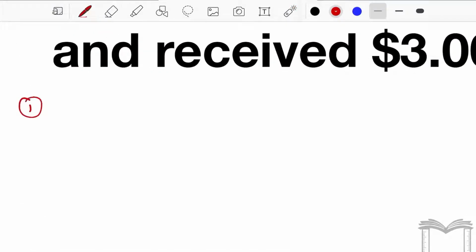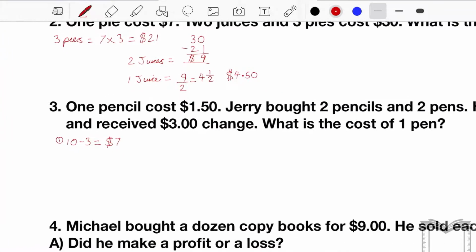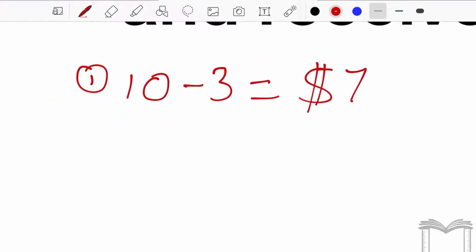First step, $10 take away $3 would give us $7 he spent on the items. They told us that 1 pencil cost $1.50 and Jerry bought 2 pencils.